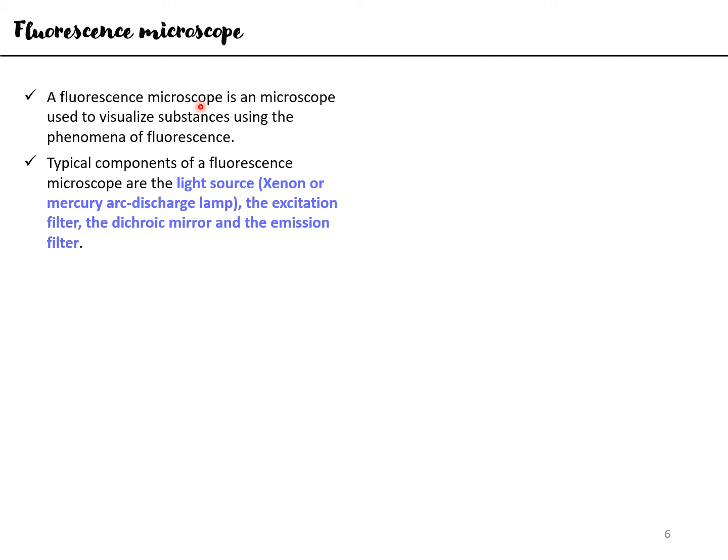A fluorescence microscope is a microscope which is used to visualize substances using the phenomenon of fluorescence. Typical components of a fluorescence microscope include its light source, which could either be a xenon or mercury arc discharge lamp, the excitation filter, a dichroic mirror, and the emission filter.